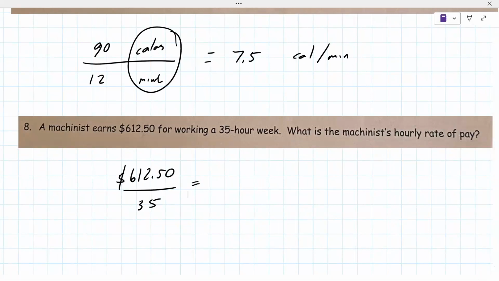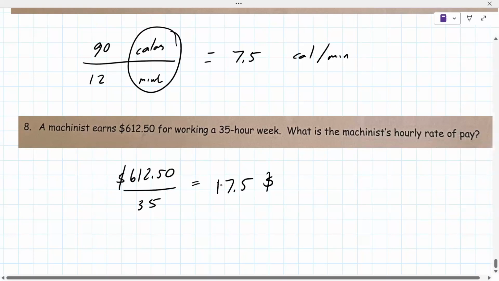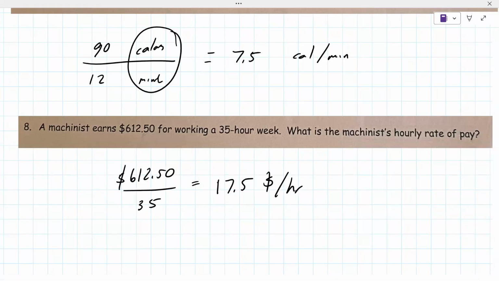Sounds right. I guess mine didn't calculate. All right, yeah, $17.50, $50 per hour there.